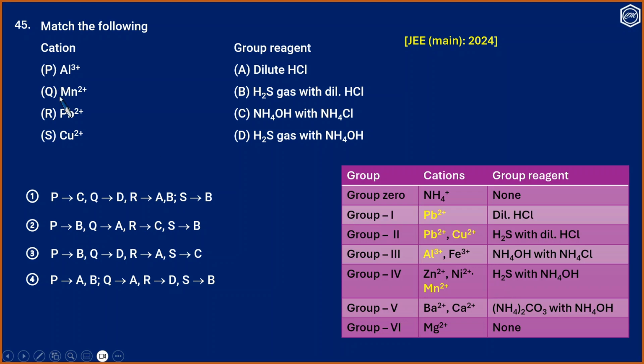So therefore, Q corresponds to D. Lead comes under group 1 as well as group 2. So we can use two group reagents, dilute HCl as well as H2S with dilute HCl. So therefore R should correspond to A as well as B.